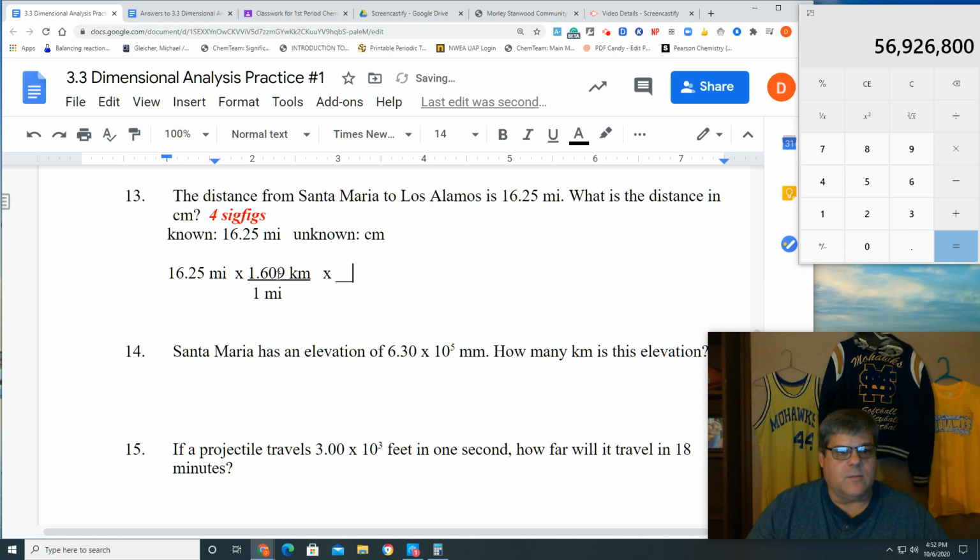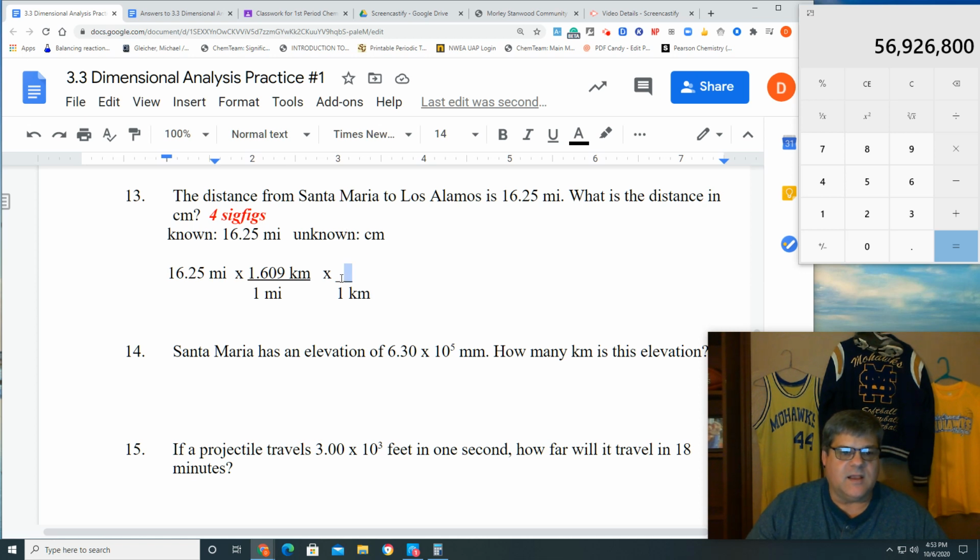And we're going to go now from kilometers to centimeters. So since I have kilometers on the top, we're going to put kilometers on the bottom. So we're going to put 1 kilometer. And when we move down the staircase, I'm going to go down 3 to meters, 2 more to centimeters. So I'm going to go 5.